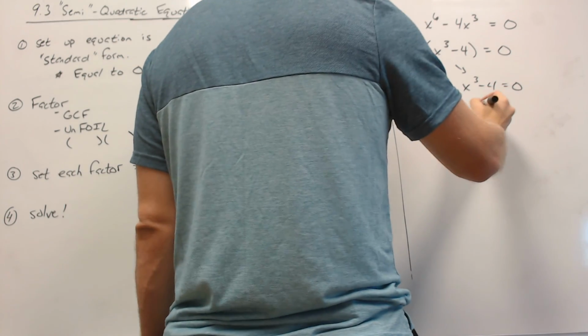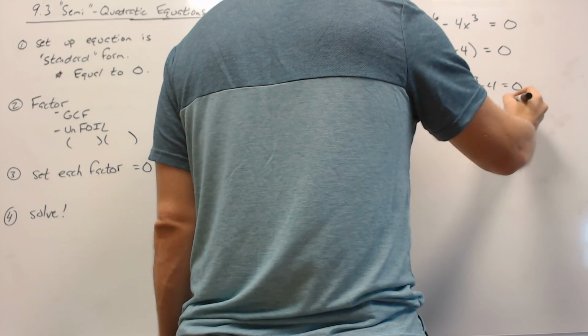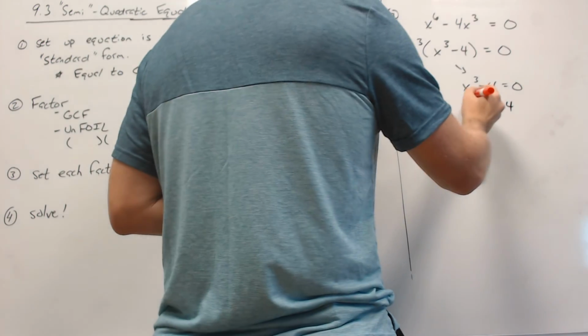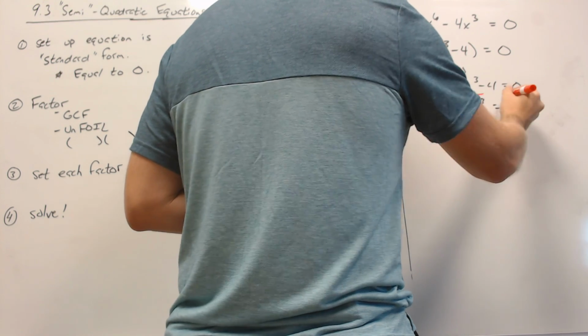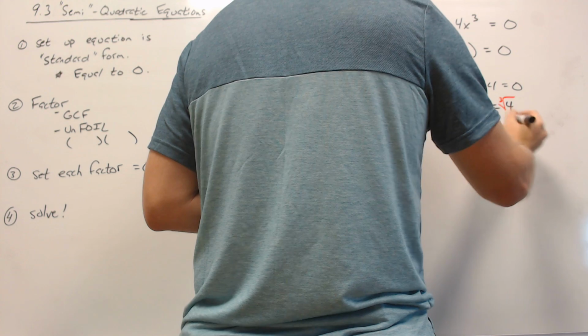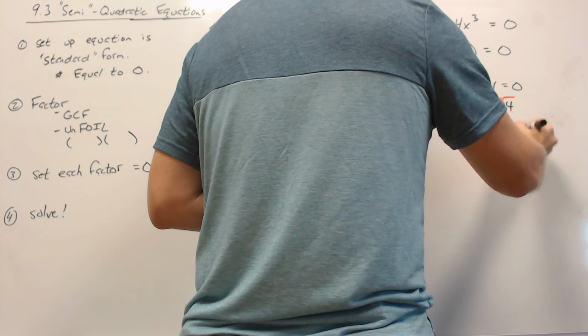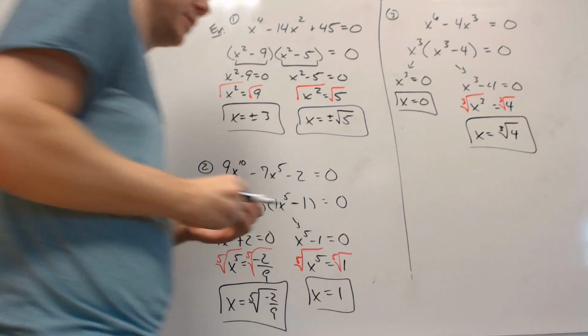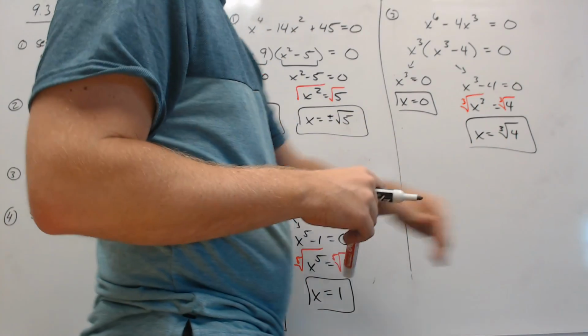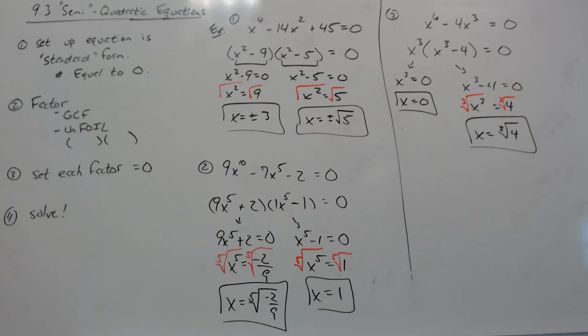This one, x cubed equals 4. Solve for x, and we get the cube root of 4. Again, no need for a plus or minus because it's a cube root and it's an odd root. And there's our solutions.